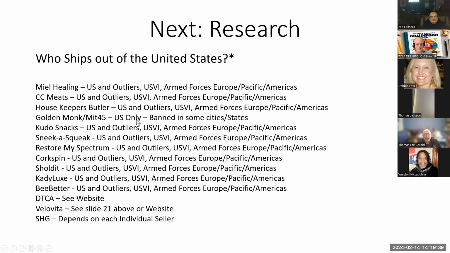It's US only and is banned in some cities and states in the United States. For the others, DTCA, see the website for what countries we ship to. Villa Vita, see slide 21 or above or their website. And Savings Highway Global depends on each individual seller.